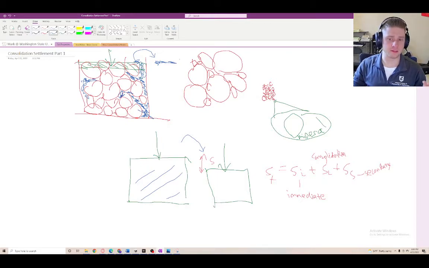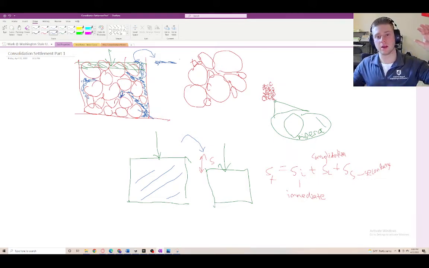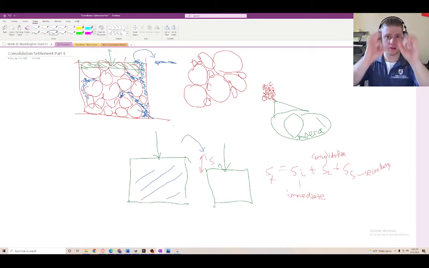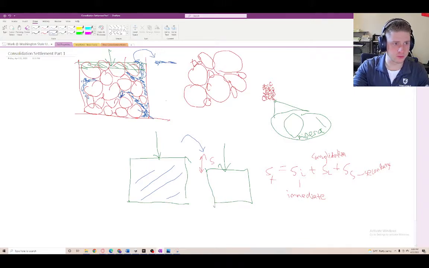Now, consolidation is primarily dealt with clays because if you think about it, if you have gravel or sand, they have more voids. They are bigger particle size than clay. Clay is very, very small particle size, as you can see here.